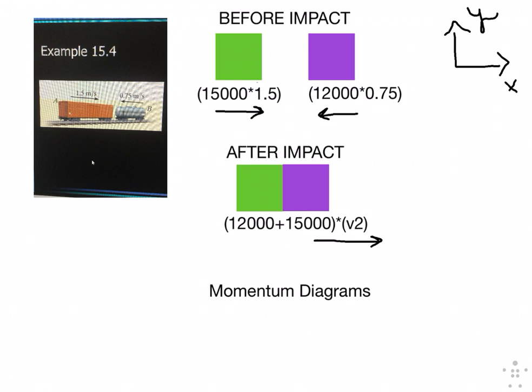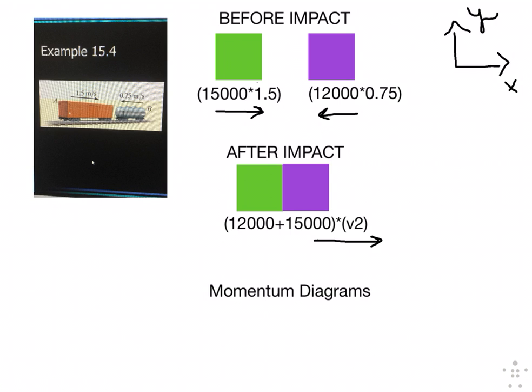So before impact, we have car A with a mass of 15,000 kilograms traveling to the right at a speed of 1.5. So the momentum diagram for particle A is mass times velocity, which is 15,000 kilograms multiplied by 1.5.